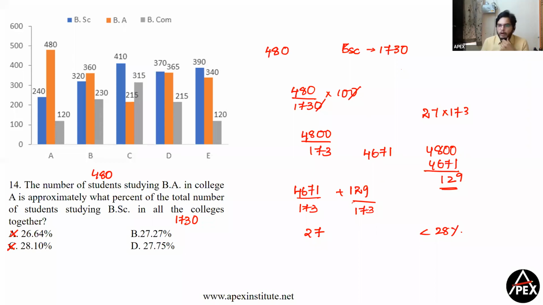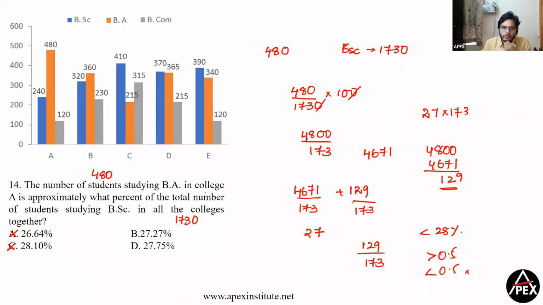Now, what will be 129 by 173? Will this be greater than 50% or 0.5 or less than 0.5? Will this be greater than 0.5 or less than 0.5? This will obviously be greater than 0.5, isn't it?